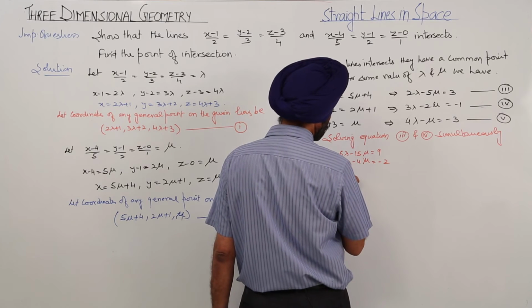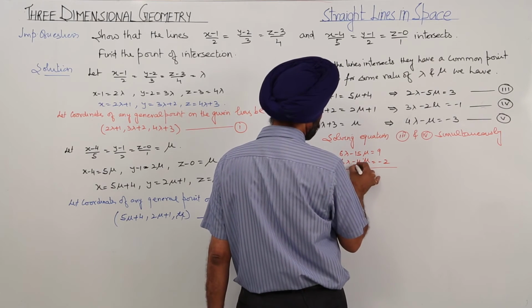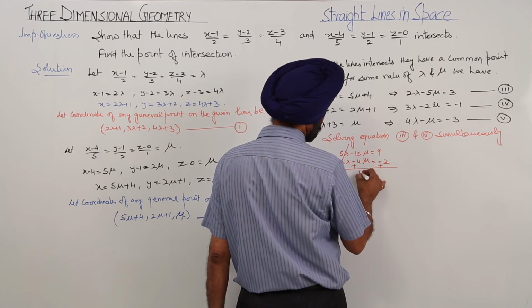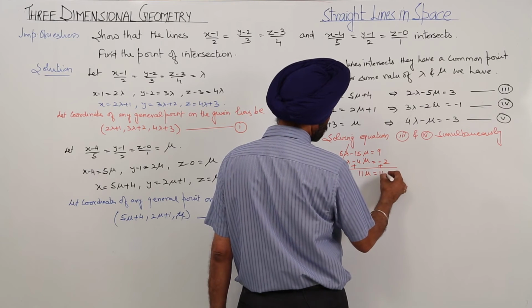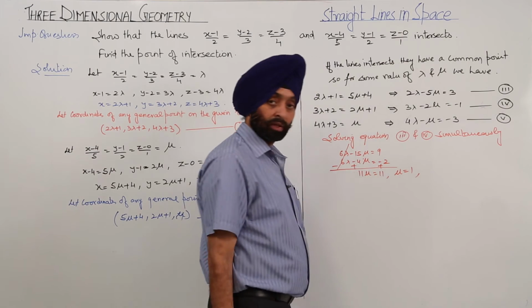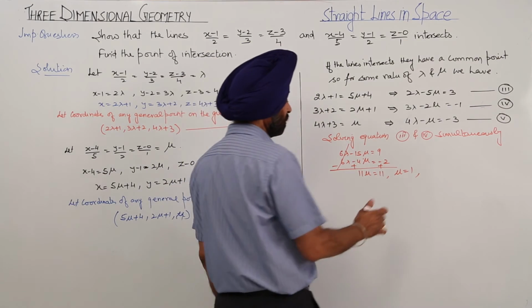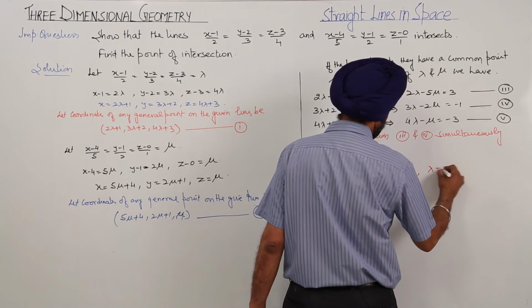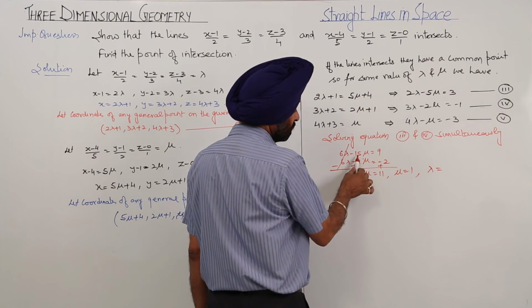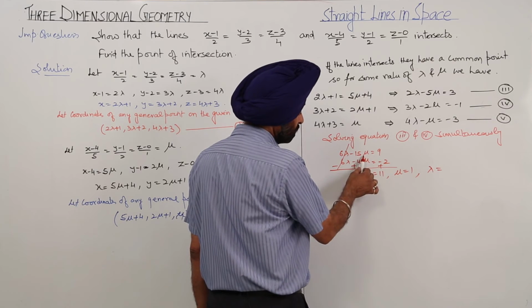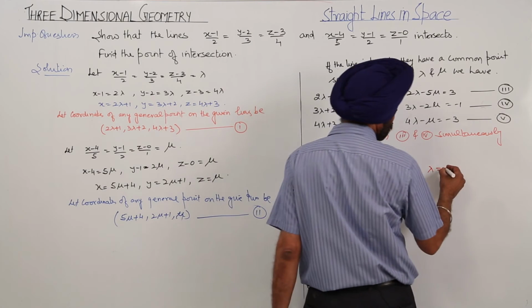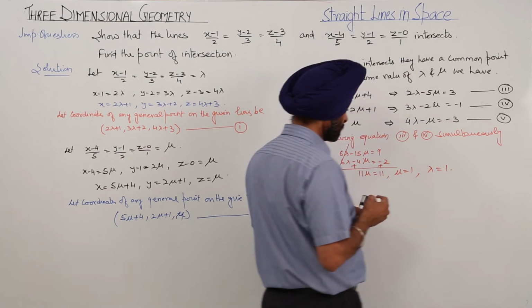On subtracting, 6 lambda cancels. Now 11 mu = 11, mu = 1. When mu is 1, putting it in, 6 lambda minus 15 = 9, 6 lambda = 6, lambda = 1.